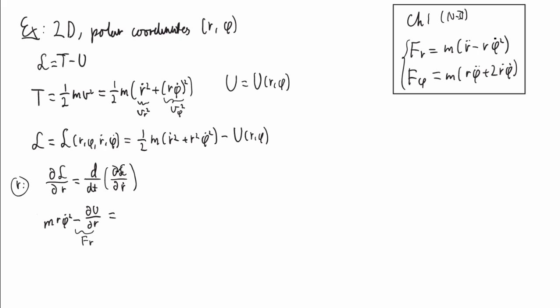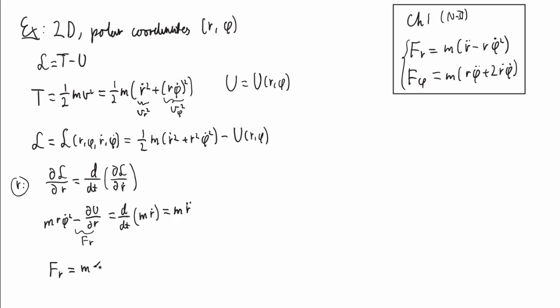And this now has to equal the time derivative of the derivative of the Lagrangian with respect to the velocity, and that's just m r dot. So this becomes m r double dot because the mass is constant. So we end up then with F of r equals m, if we move this over to the other side, right? m times r phi dot squared.